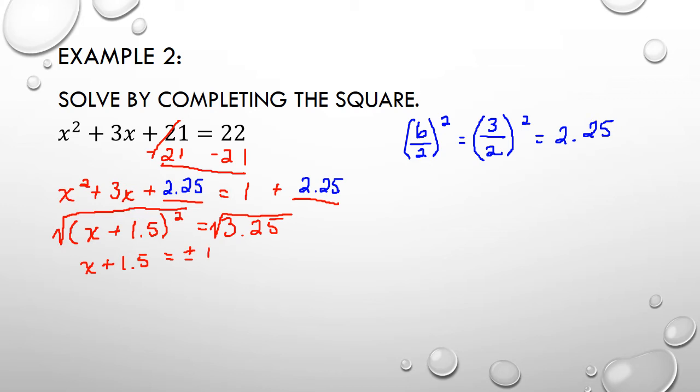So that's going to be 1.80, because afterwards you get 2, 7, 7, 5, 6, 3, 8. But we're rounding to the nearest hundredth. So now we're going to subtract 1.5 from both sides.